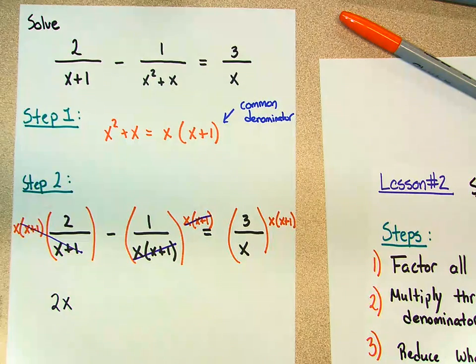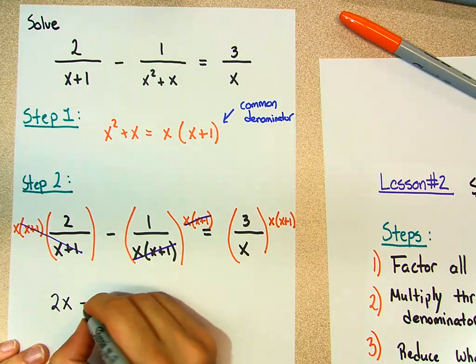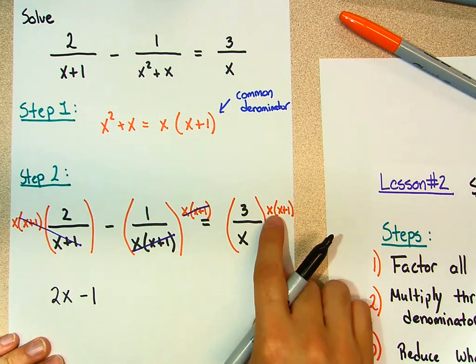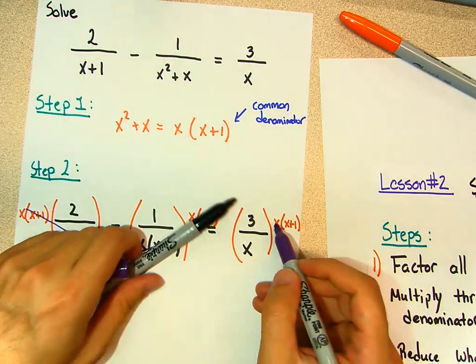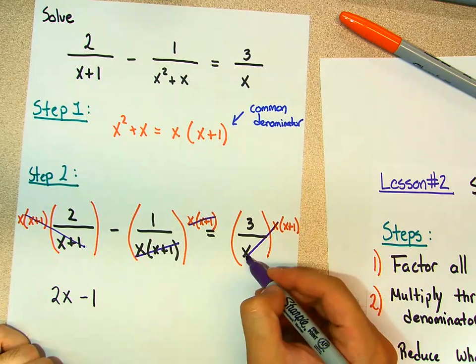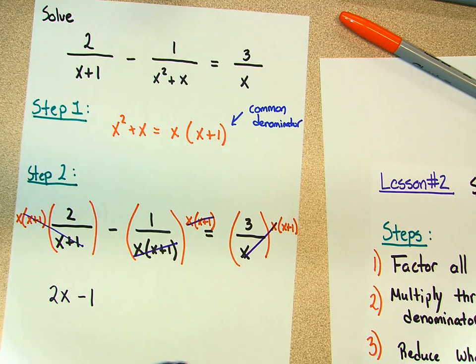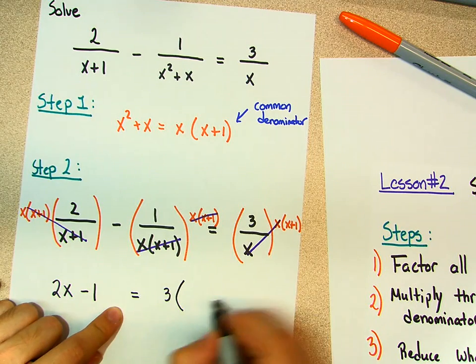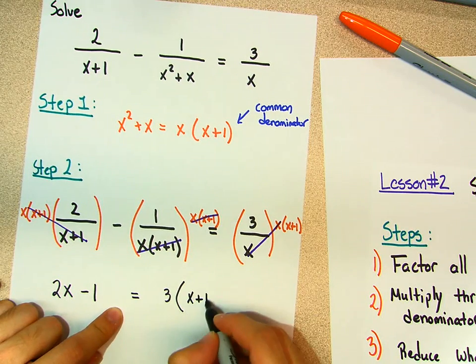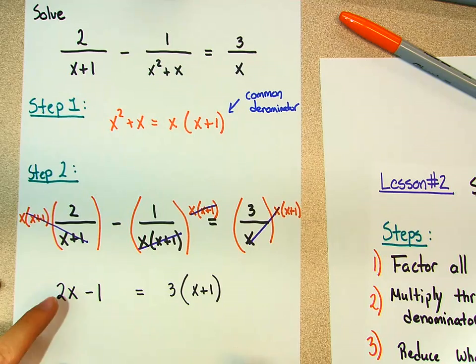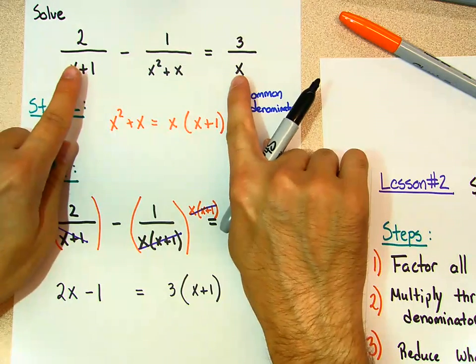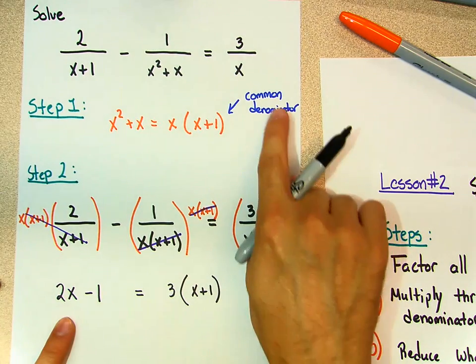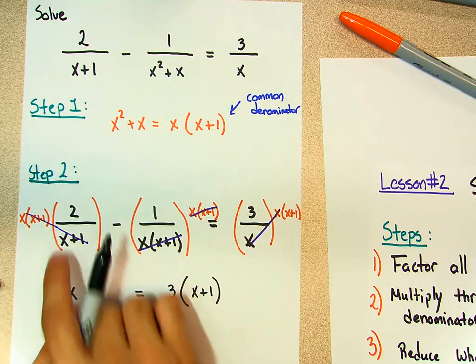So now you have minus 1. And now here, this x and this x cancel, so you're left with is equal to 3 times x plus 1. We went from here to here just by multiplying by the common denominator.